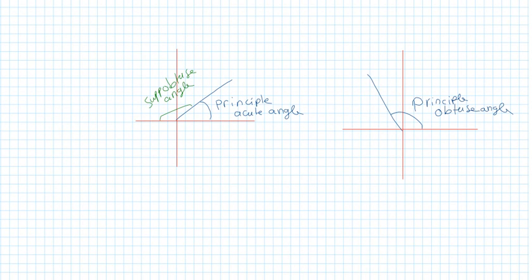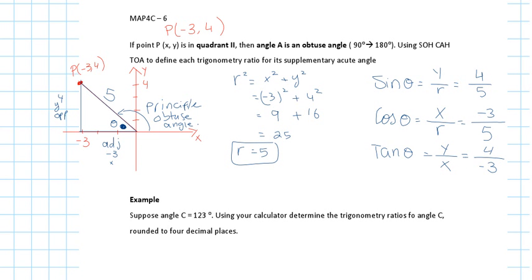Now, if you decide to take cosine, do cosine inverse of -3/5. What does that give you? 127.